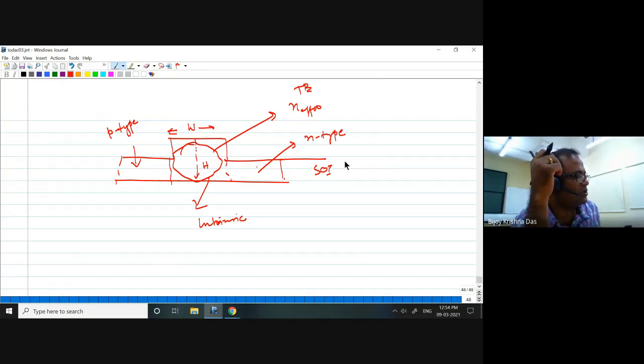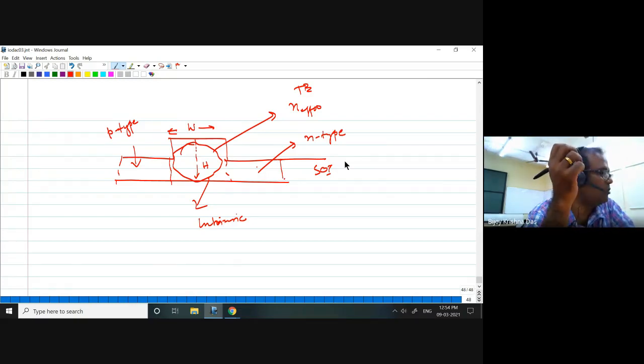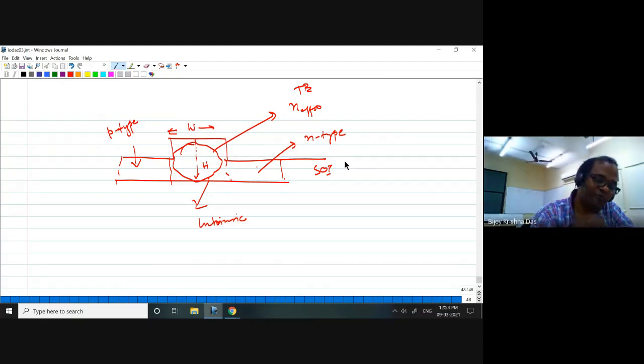If you just see the electromagnetic solution, alpha, beta, that contributes loss. So if sigma equals 0, that is better for an optical waveguide. Attenuation will be 0. So normally you prefer intrinsic, but you can dope both sides, p-type and n-type, and then give some kind of bias.